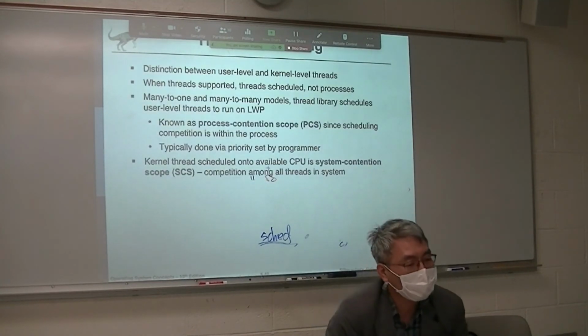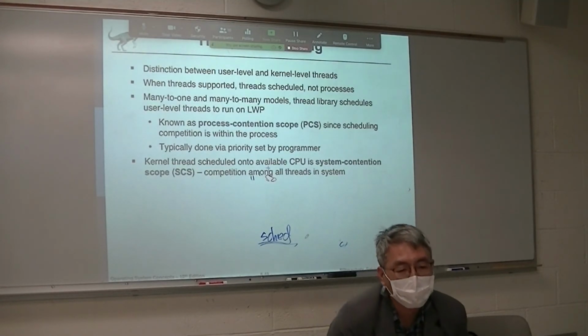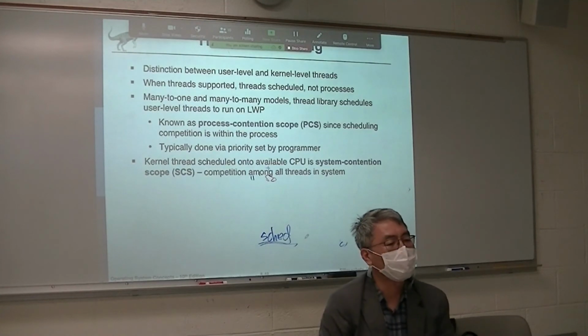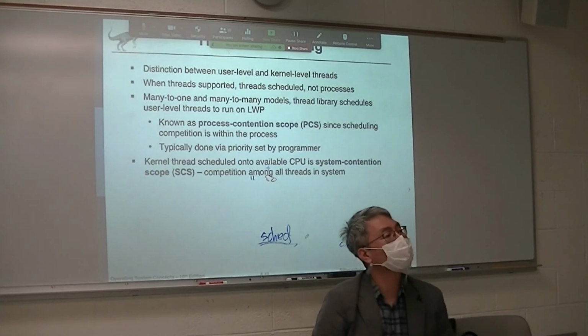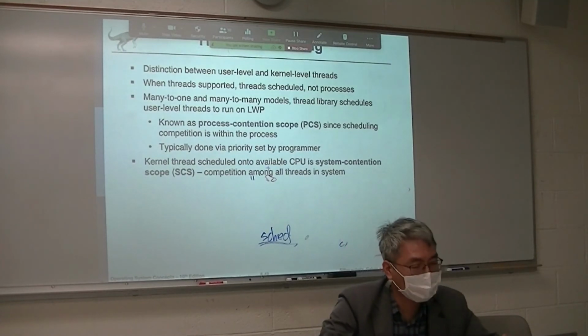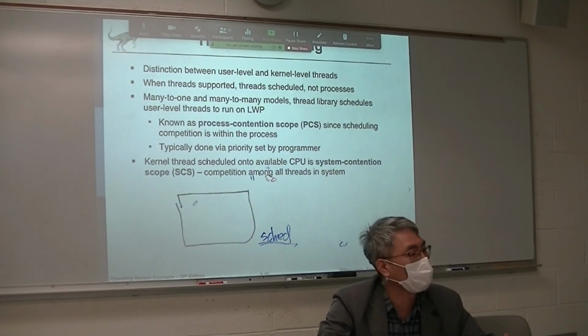So far we have discussed scheduling with the assumption of what? Processes. What about threads? Nowadays more and more threads are being used, so threads should be scheduled. There are 2 types of thread scheduling. Think about the computer and operating system.